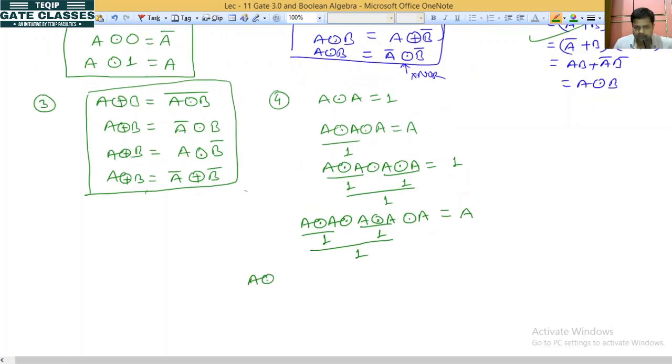If we have A XNOR A with n operands, what will be the value?